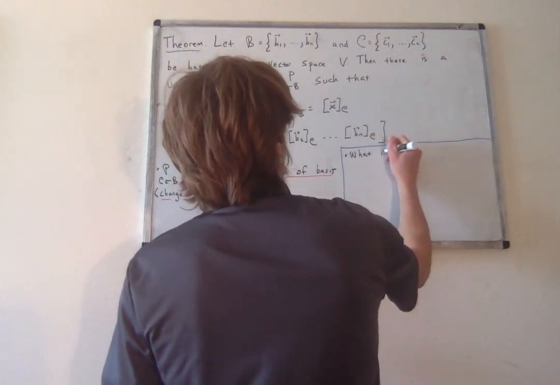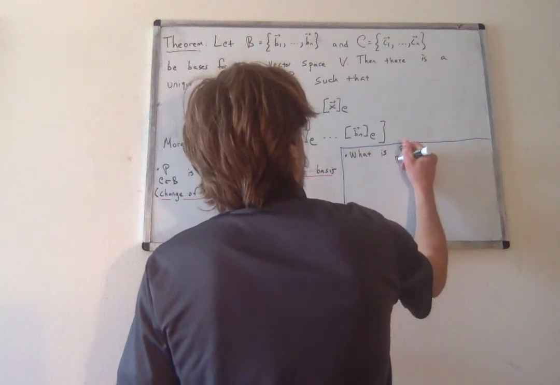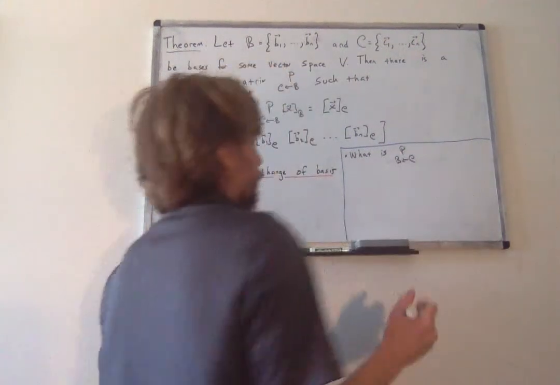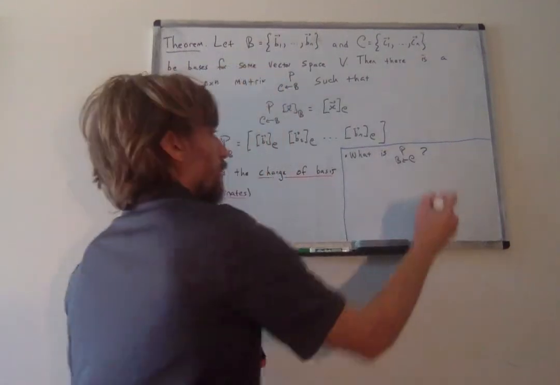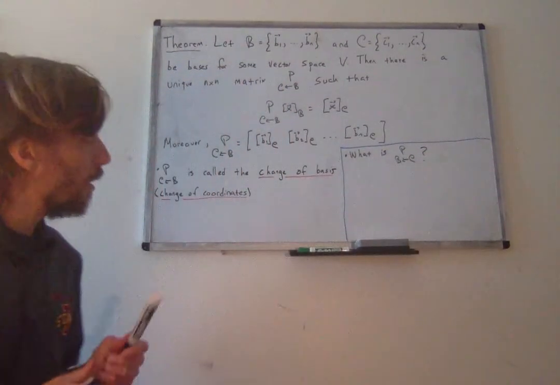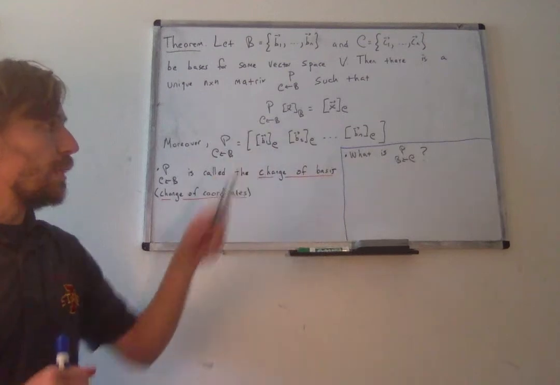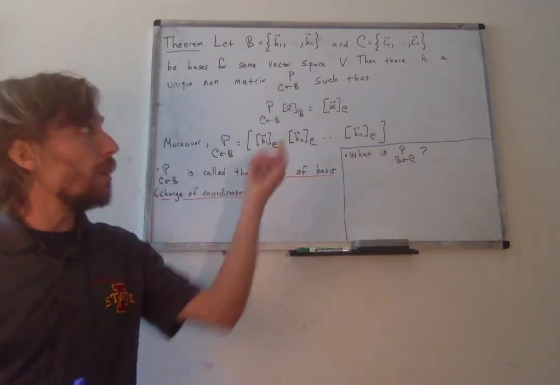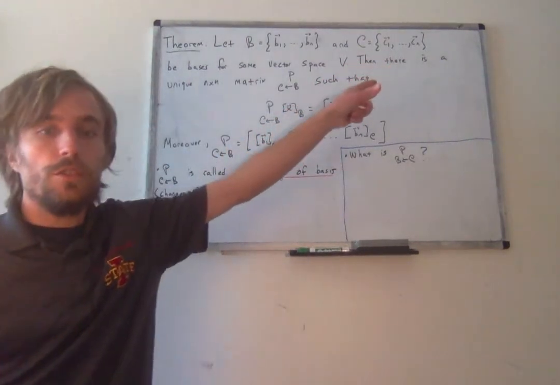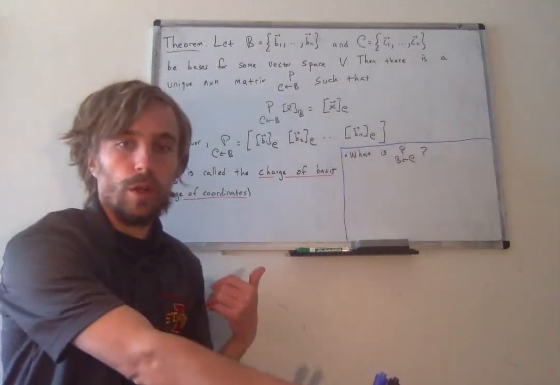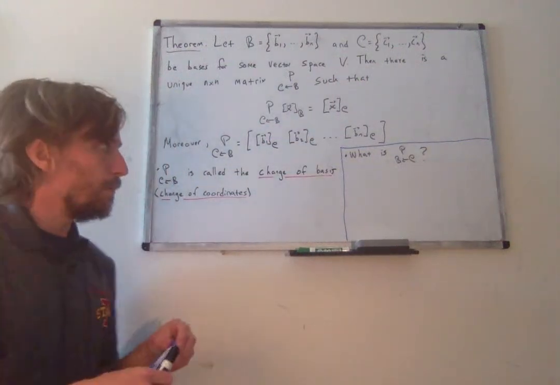We want to ask the question, what is this matrix? This theorem does B to C, but we should also be able to do it the other way. If we start off with a C representation of a vector, we should be able to work our way back and get the B representation.